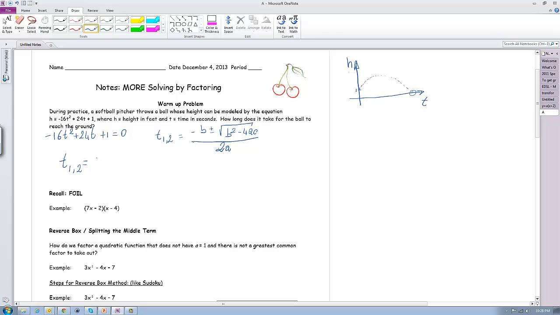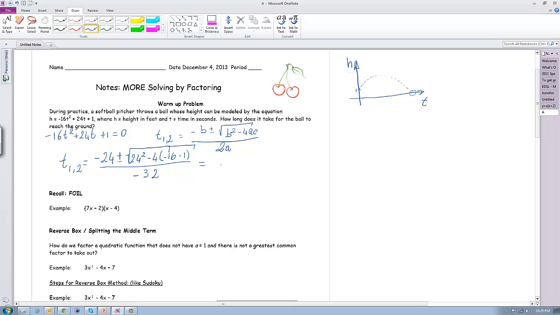B is 24, so we have minus 24 plus or minus the square root of 24 squared minus 4 times minus 16, that's our a, times 1, that's our c, and everything is divided by 2a. A is minus 16, so this would be minus 32.